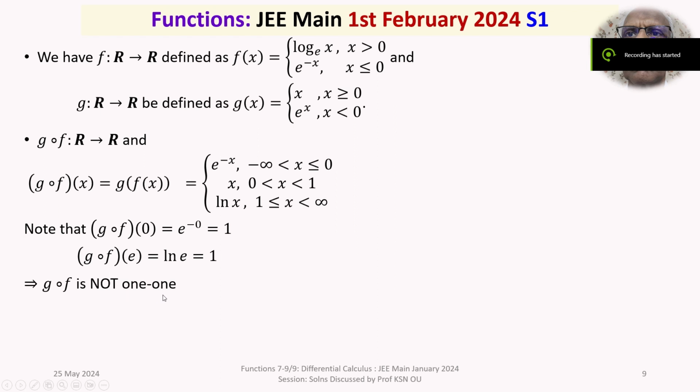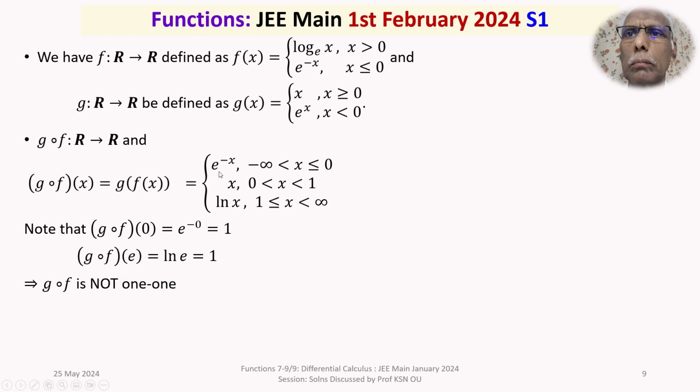Now how do we say that this g compose f is either onto or not onto? For minus infinity less than x less than or equal to 0, when you take x tending to minus infinity, e to the power of minus infinity, that is e to the power of infinity, gives infinite positive real numbers. For x less than or equal to 0, at x equal to 0, it is e power minus 0, that is 1.